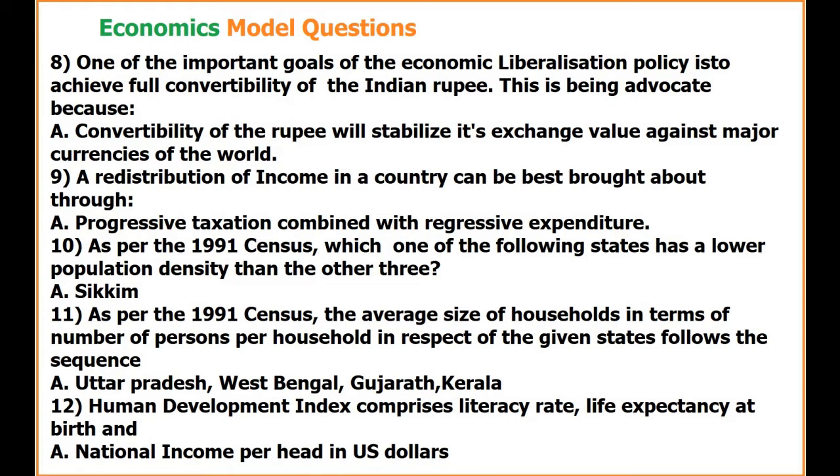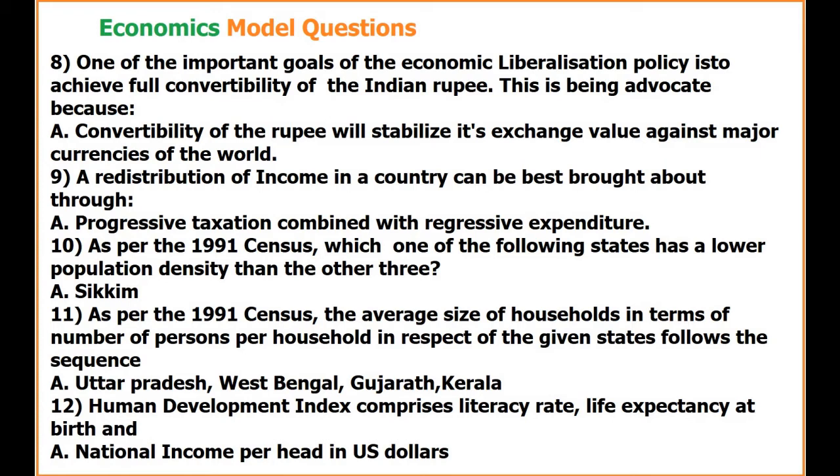One of the important goals of the economic liberalization policy is to achieve full convertibility of the Indian rupee. This is being advocated because the convertibility of the Indian rupee will stabilize its exchange value against major currencies of the world.